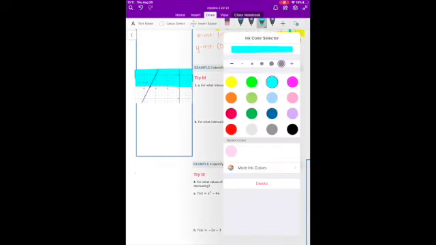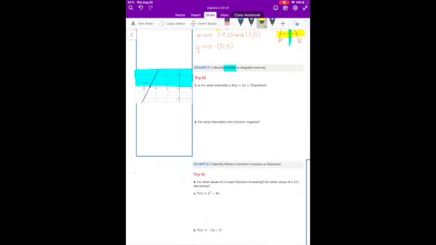Okay, a negative interval, you guessed it, is going to be below the y-axis. Anything below the y-axis. Okay. To save us a little time, I went ahead and graphed 2x plus 10, and this is what I got.